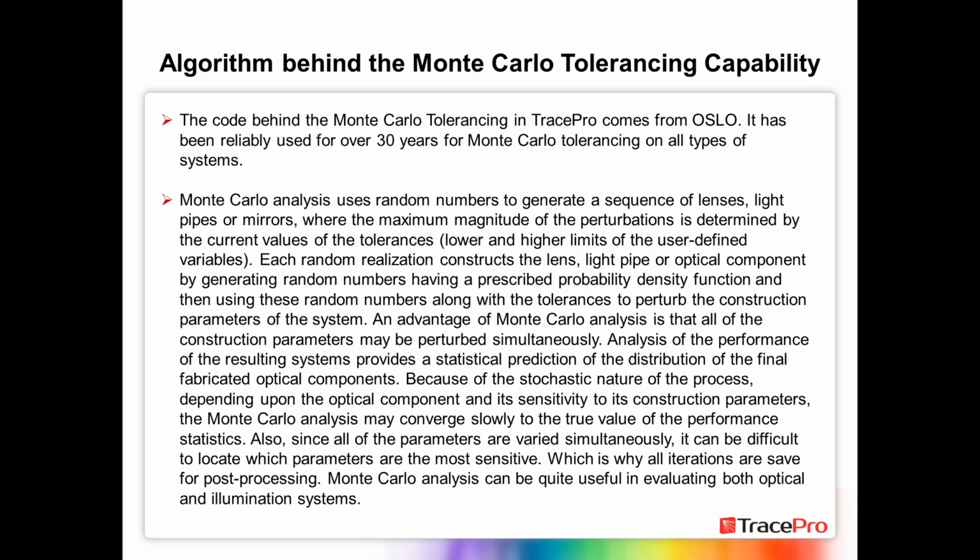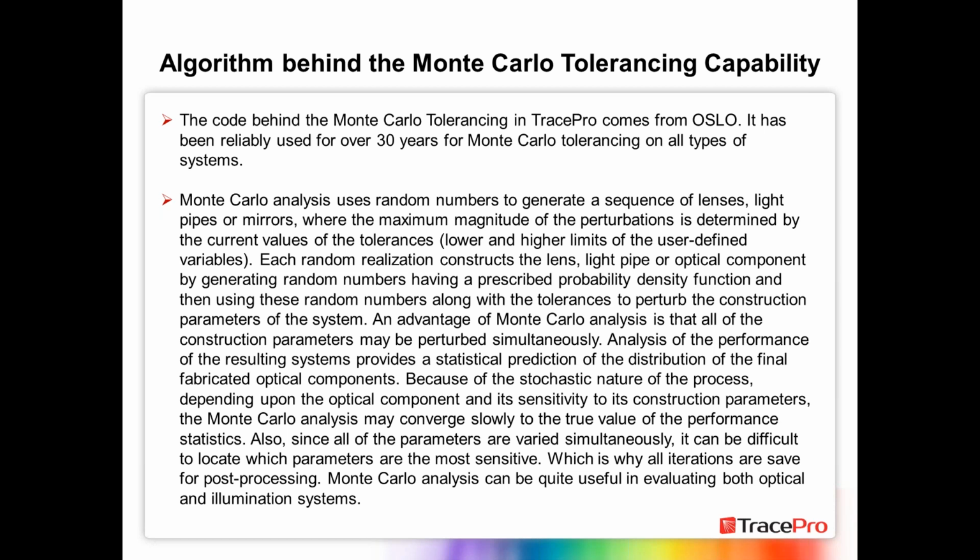Well, what's the algorithm behind the Monte Carlo tolerancing capability? The code behind the Monte Carlo tolerancing comes from Oslo. It's been used for over 30 years for doing Monte Carlo tolerancing on all types of systems. Now, a Monte Carlo analysis uses random numbers to generate a sequence of lenses, light pipes, or mirrors, whatever kind of system that you're working in, where the maximum magnitude of the perturbations is determined by the current values of the tolerances.